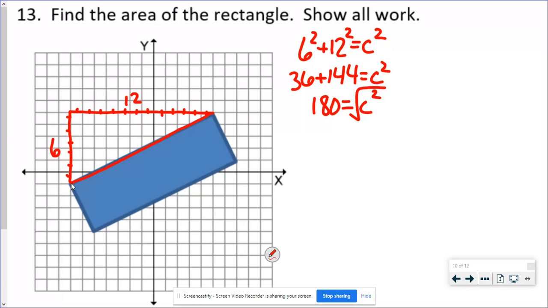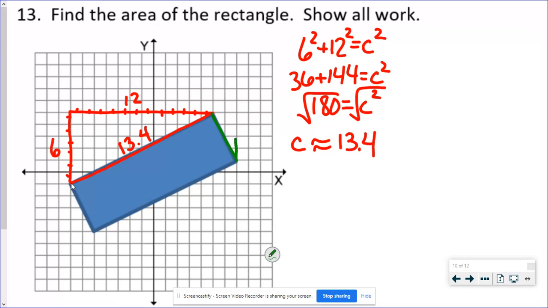And we would take the square root on both sides. 180 is not a perfect square, so this is going to be about 13.4. After I know that, I need to find the shorter side of the rectangle.